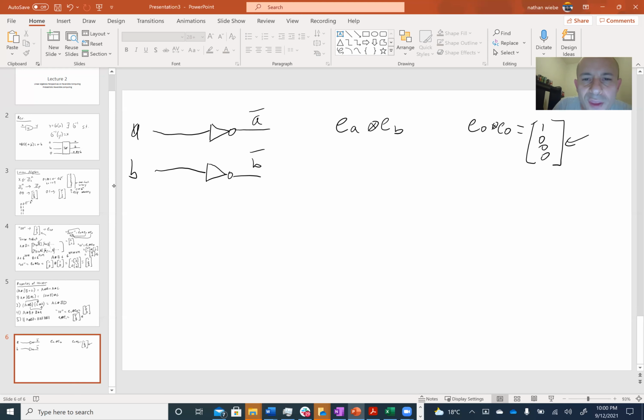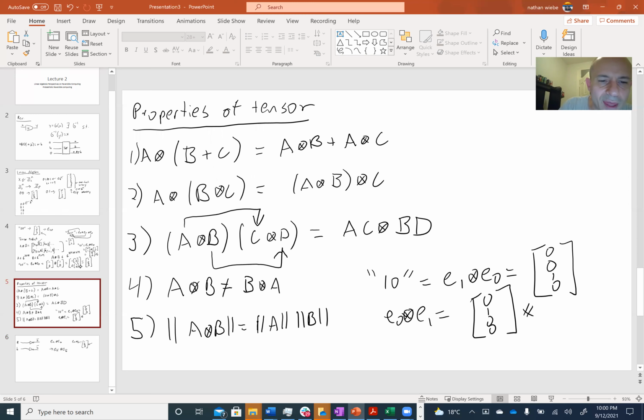So this operation, if we take a look at it, what does it do? Well, the NOT operation will map A to A NOT, and B to B NOT. And obviously, this will map the tensor product to the tensor product of A NOT and B NOT. But recall that we have this property over here.